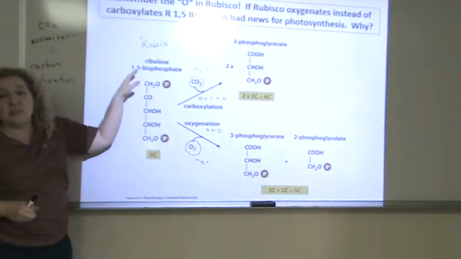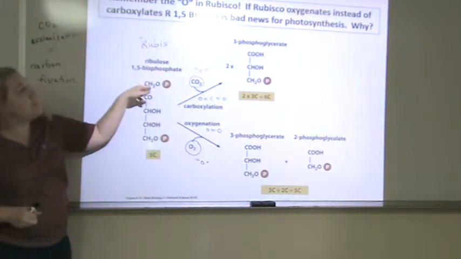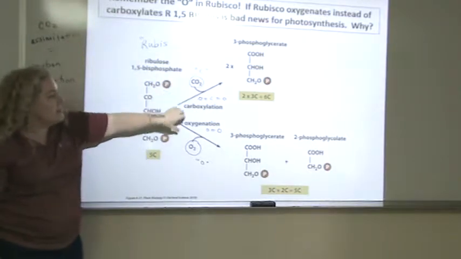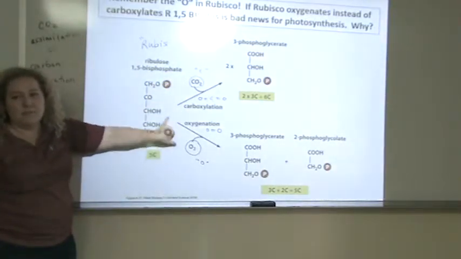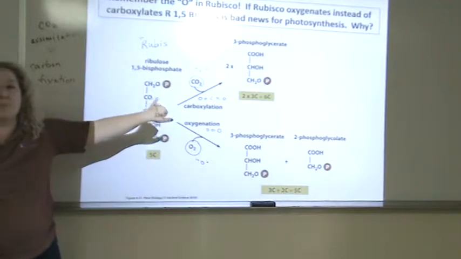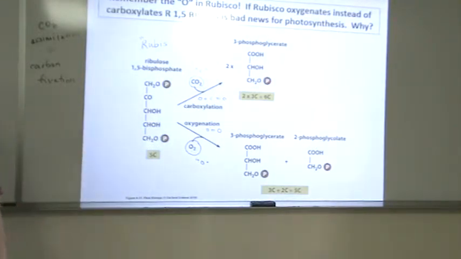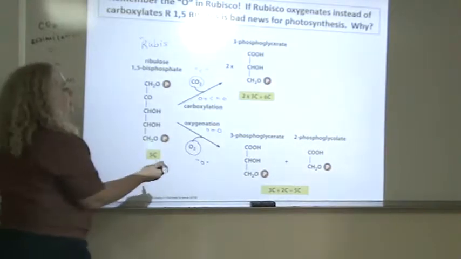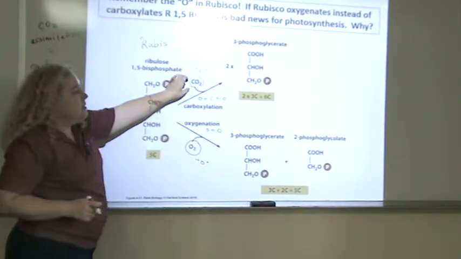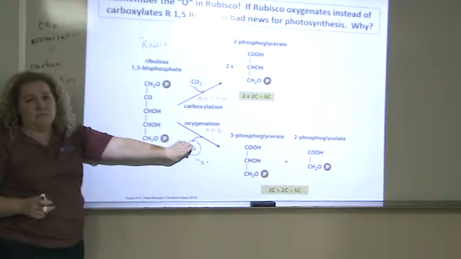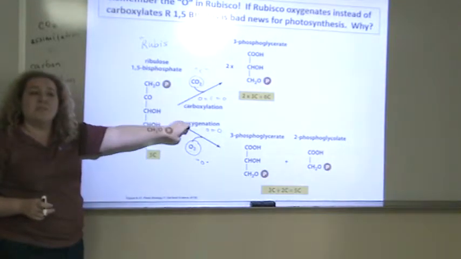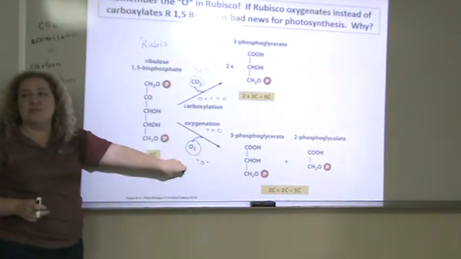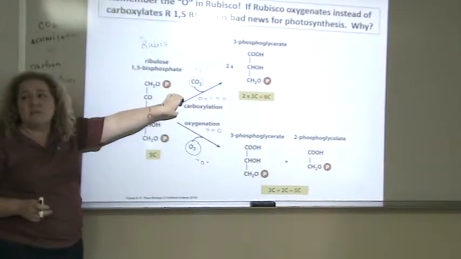So that's why the whole enzyme is ribulose 1,5-bisphosphate carboxylase oxygenase. It can do either. Which one works better generally? Which one does Rubisco usually do? CO2. Yeah, so it binds CO2 much better than oxygen. So there's a competition in the binding site between CO2 and oxygen. CO2 will win, usually.